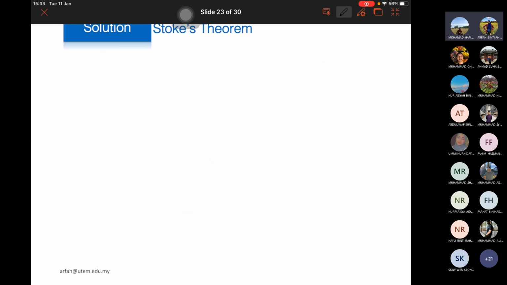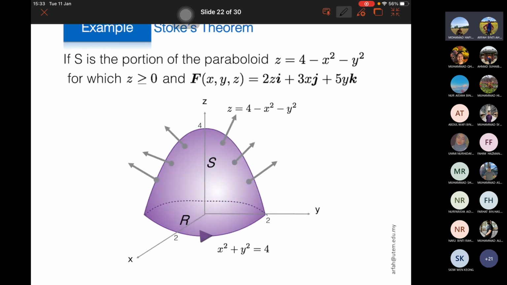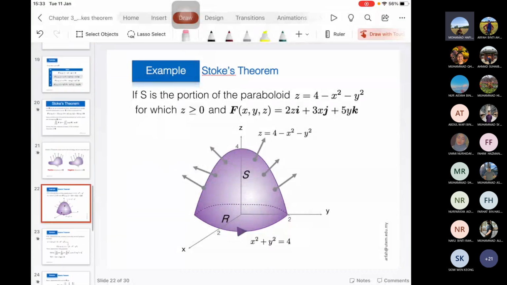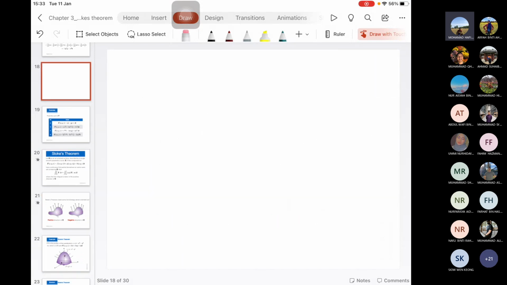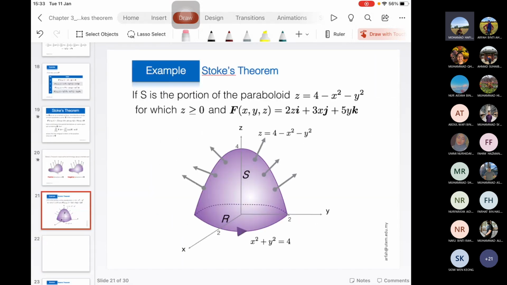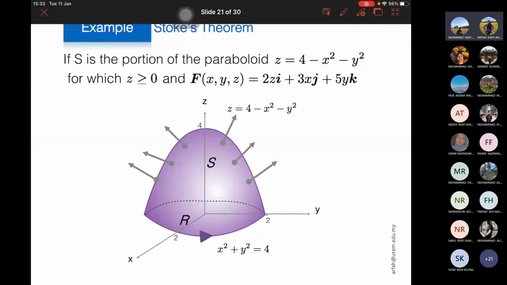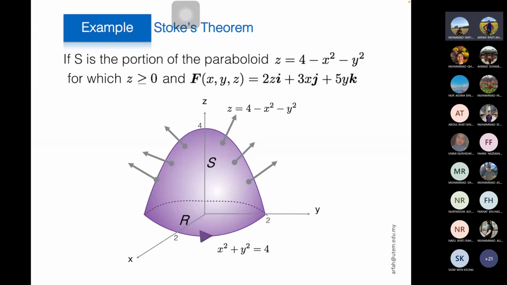And then example. Let's take a look into how you are going to solve for this example. Okay, so for this example, if S is the portion of the paraboloid Z equal to 4 minus X squared minus Y squared, for which Z is greater than 0, then the vector function is given by 2zi plus 3xj plus 5yk.